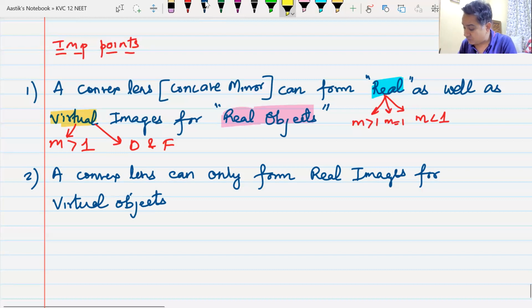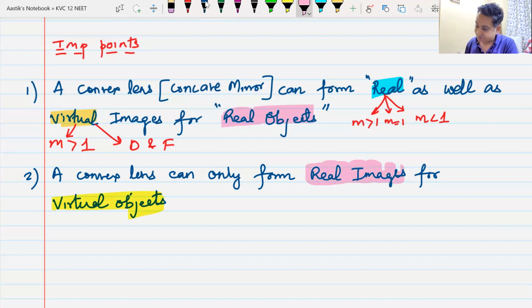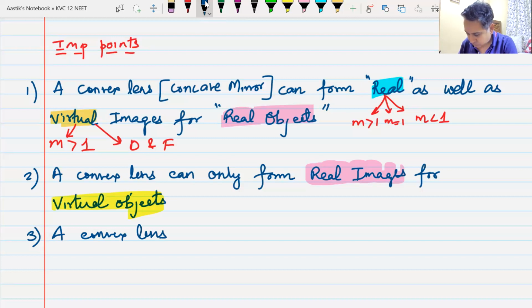If the object is virtual, then the image will be real. Do we understand this? Yes, sir. One thing convex lens cannot do. What it cannot do? Convex lens cannot form virtual images for virtual objects. Correct.